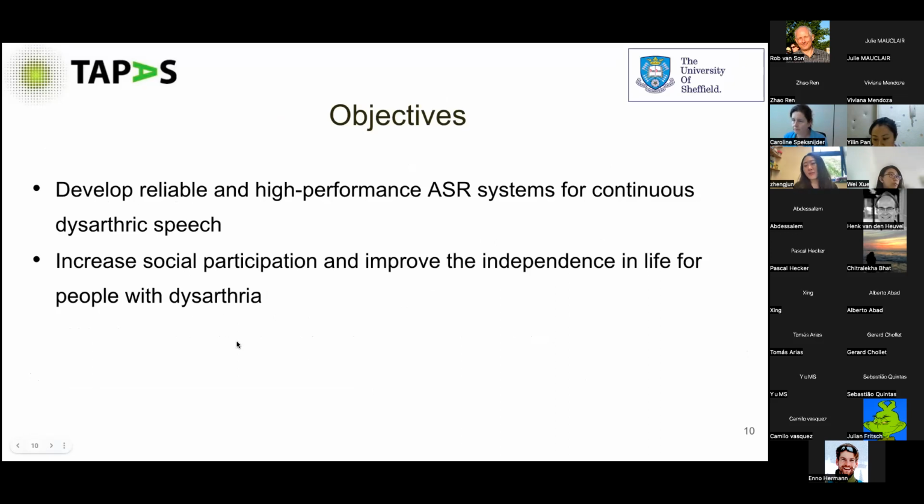The purpose of this research is to explore various approaches to build a reliable and high-performance ASR system for continuous dysarthric speech. This will improve the ability of people with dysarthria to communicate in a more natural manner with both humans and machines. So finally, this will increase their social participation and improve their independence in life.